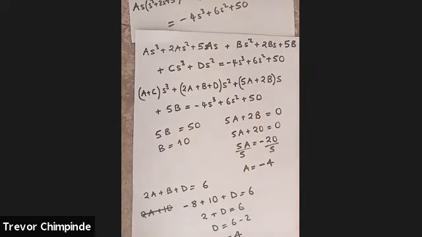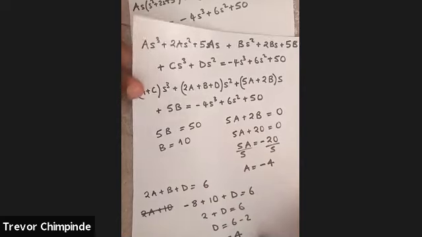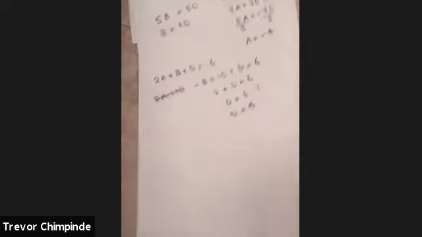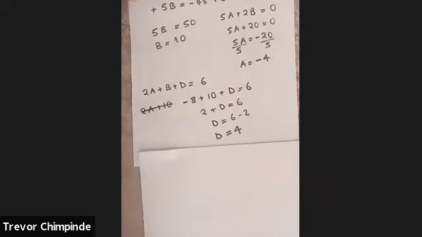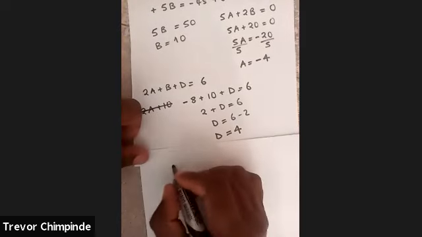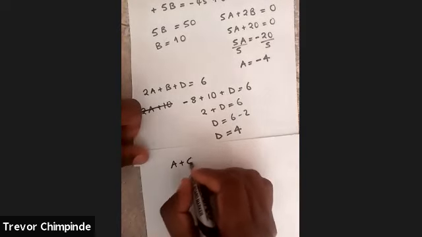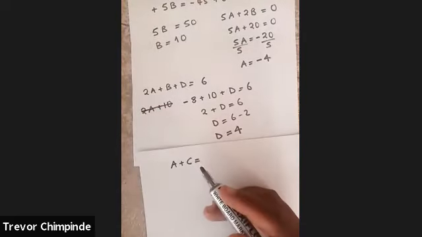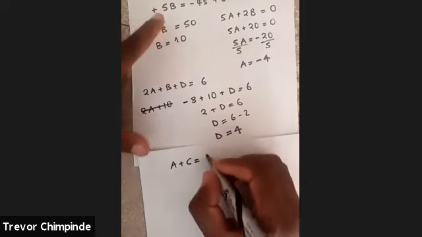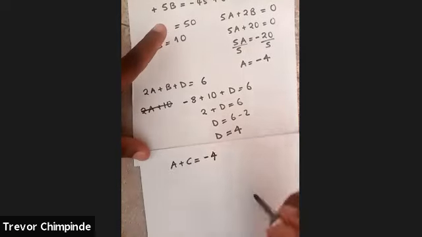So just remaining with C. So for the C, we're going to say that A plus C is the coefficient of S cubed on the left-hand side. On the right-hand side, the coefficient is negative 4. So this should be equal to negative 4.